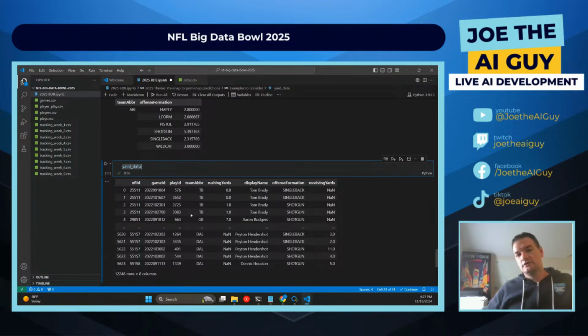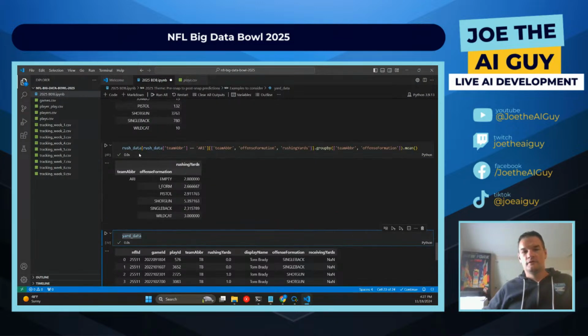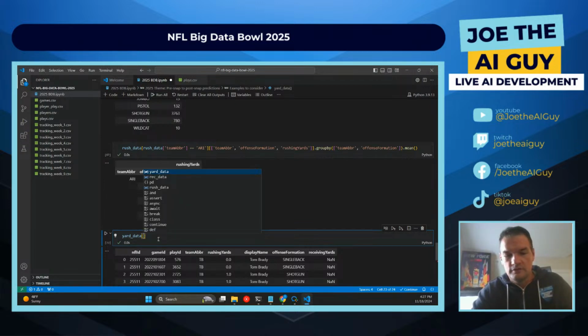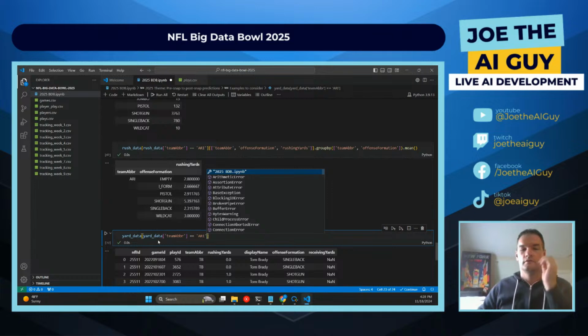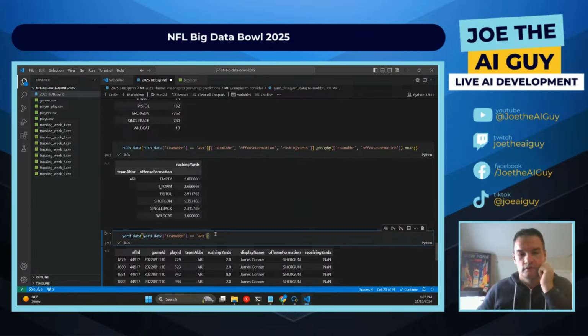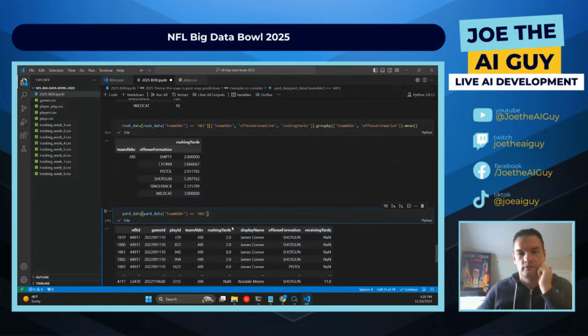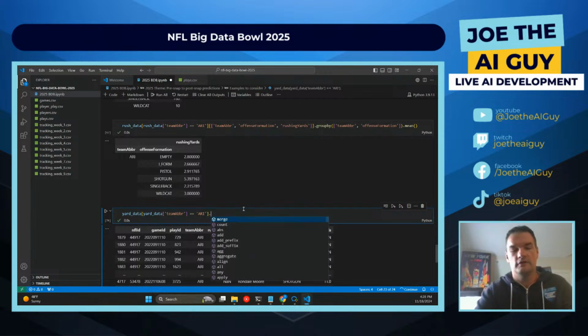Now joining nicely. Names, IDs, we have rushing yards, the formation, receiving yards. So the idea here is our data. Perfect.